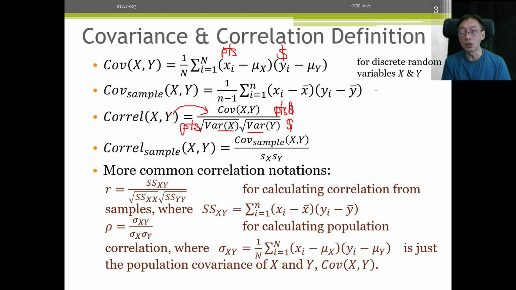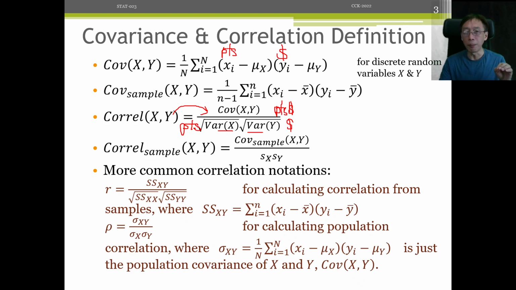And if it's not dollars, if it's measured in yen, for example, Japanese yen, or some other currencies that do not have cents, it's going to be a large number, right? So we lose the feel of how large or how small the covariance is. And that's very irritating. So correlation really removes that problem.